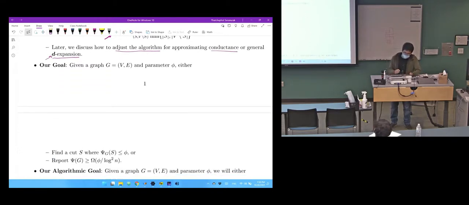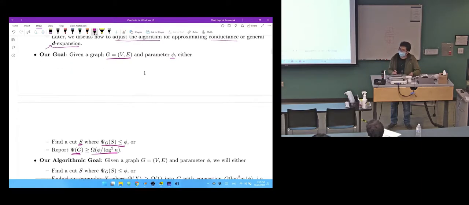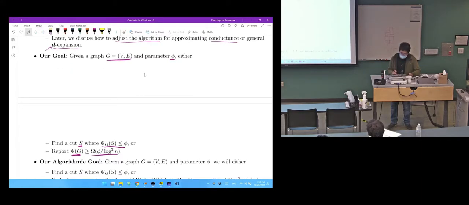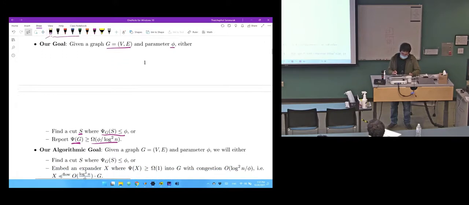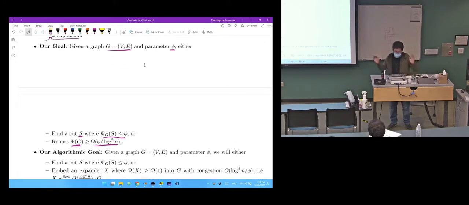So this is the goal: we are given a graph and a parameter phi, and we either find a cut of expansion less than phi, or say that there's no cut of expansion less than phi over log n. If you have this, then you can approximate expansion within a log square factor.